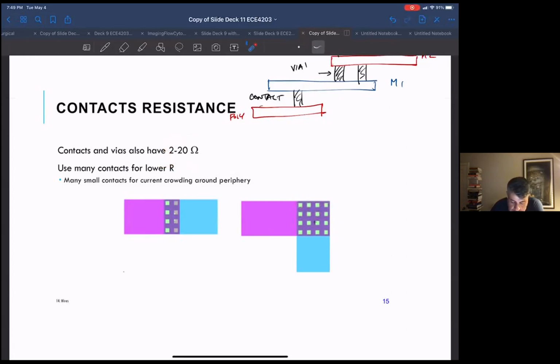And two, it turns out that via and contact failures, while they're extremely rare, still have a much higher failure probability than some other bad event happening. Usually it's an open issue. So basically, if you had just one contact here, a certain percentage of your devices would fail because that one contact would fail.